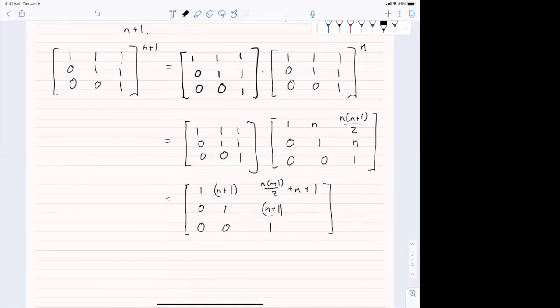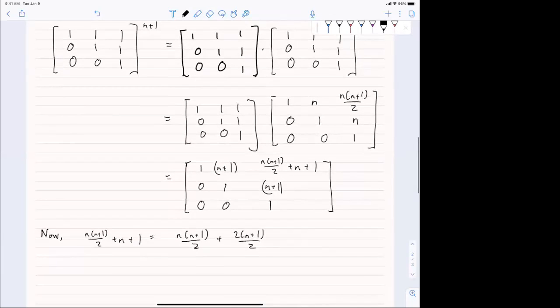All right, let me take a look at that on the side here. It's helpful to write down what you're doing. So this is equal to n times n plus 1 over 2 plus 2 times n plus 1 over 2, just multiplying n and 1 by 2, which is going to equal, now I can factor out the factor of n plus 1.